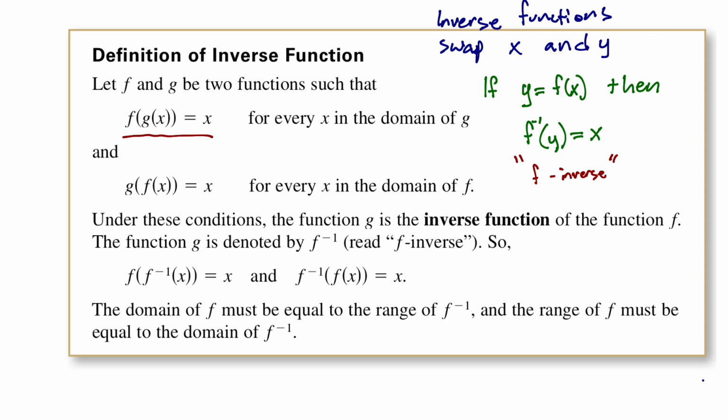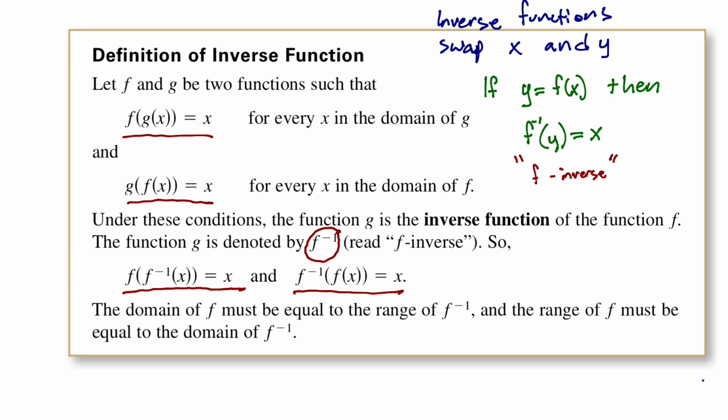So if f of g of x equals x, and if g of f of x equals x, then we would consider g to be the inverse function of f and f to be the inverse function of g. And we would notate that once again with a little superscript of -1. That is not an exponent. It's just shorthand for inverse. So f of f inverse of x equals x, and f inverse of f of x equals x.